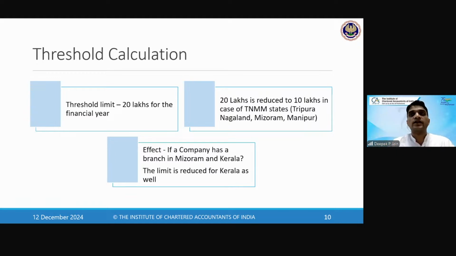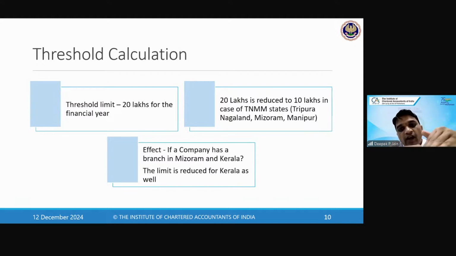Preeti, what I'm saying is that in this example, 20 lakhs is the threshold for Kerala and 10 lakhs is the threshold limit for Mizoram. Now, the effect is that if you have a branch in any of these special category states, this limit will apply to the other states also.